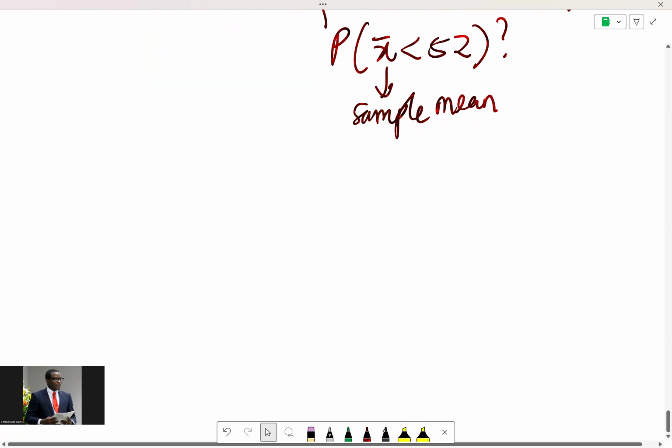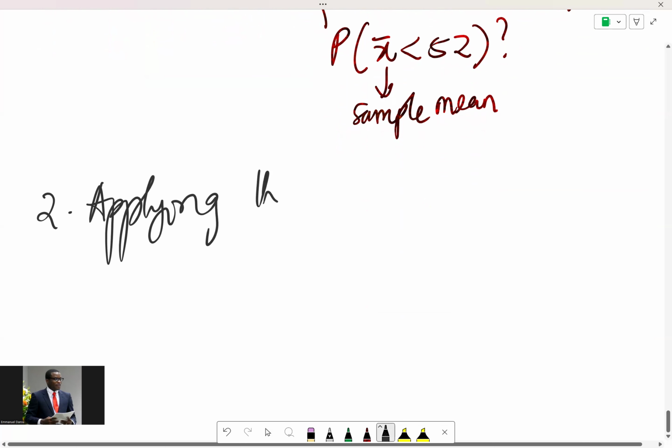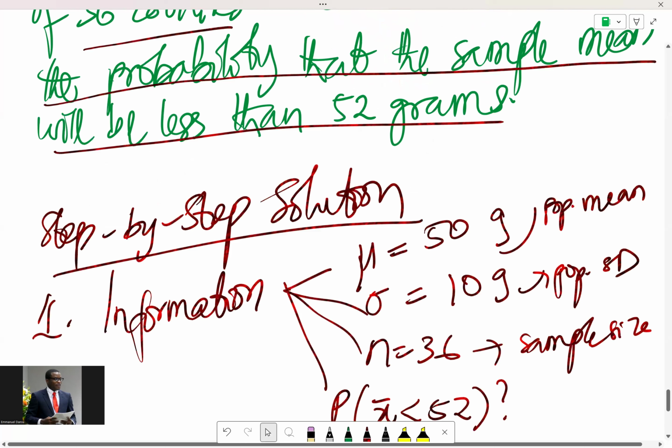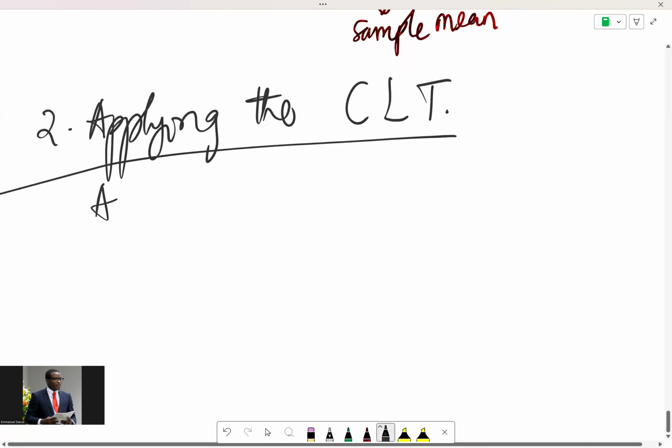So the next thing we want to do is step 2, applying the central limit theorem. That's the next thing. So we have this. So applying the CLT now.